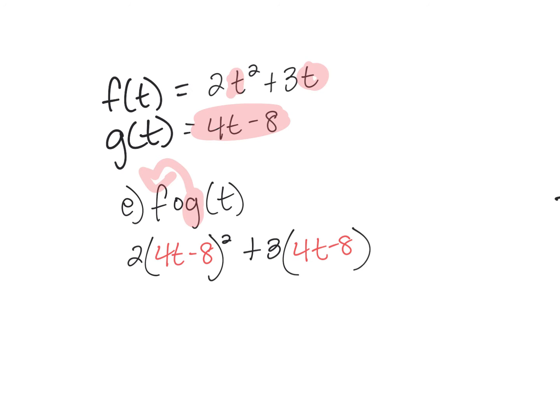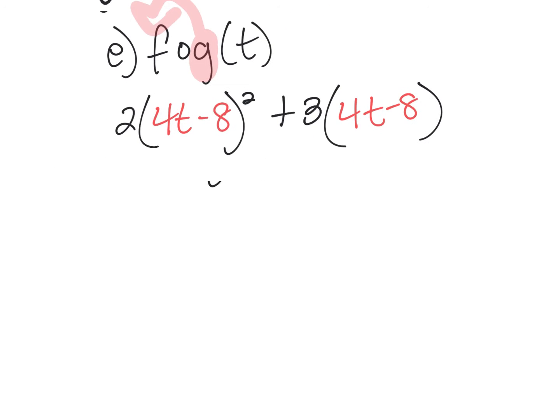All right, now I have a lot to clean up on this. So go slow, take your time. I'm going to do the left side first. So 2, and then this is going to be 4t minus 8 times 4t minus 8, because that binomial is being squared. And then I'm going to work this out. So I'm going to FOIL before I distribute in this 2 right here. So let's FOIL first.